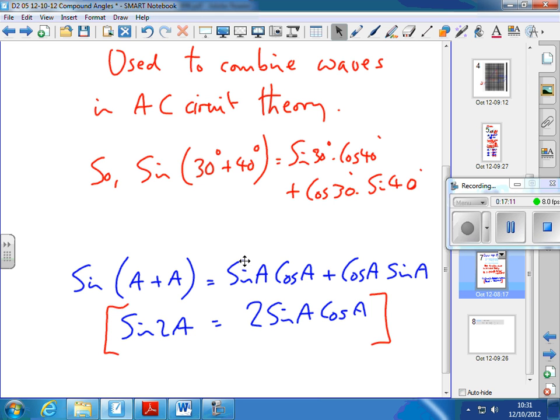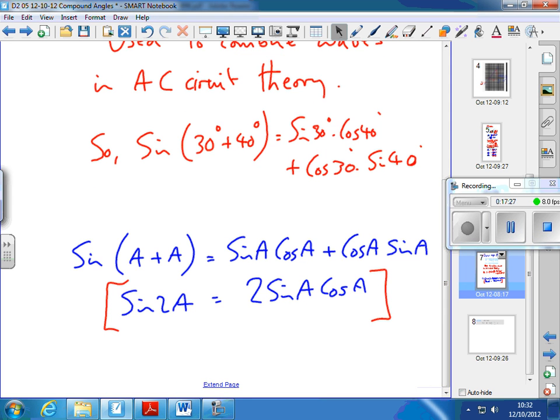And that's useful. If we've got a sine of an angle, then that's the same as 2 times sine of half that angle times cos of half that angle, if you think about it. So we could write sine A equals 2 sine half A, or A over 2, cos A over 2.